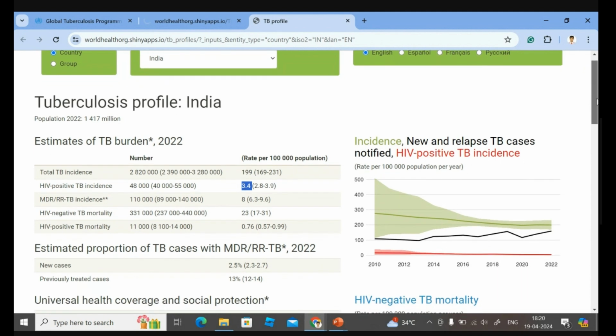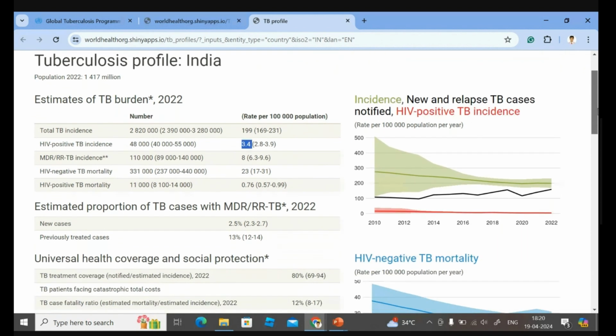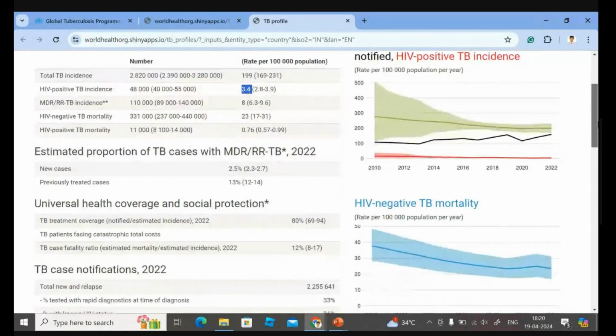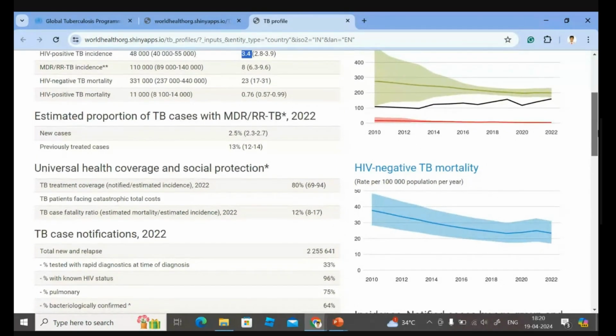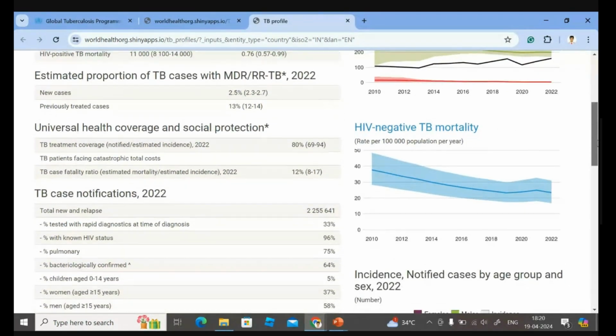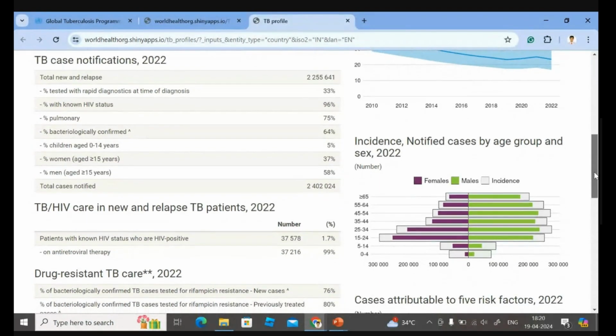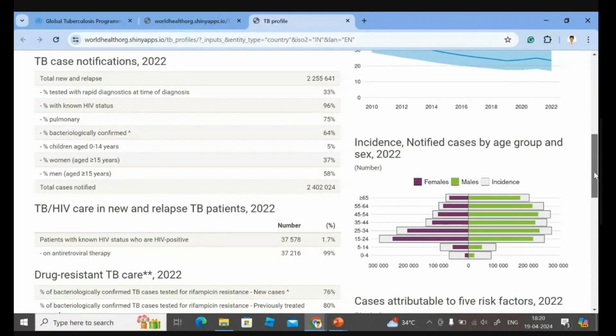Looking at the visualization, anybody? There is so much data here, right? Age group wise, who has got more cases, males or females, in the age group?